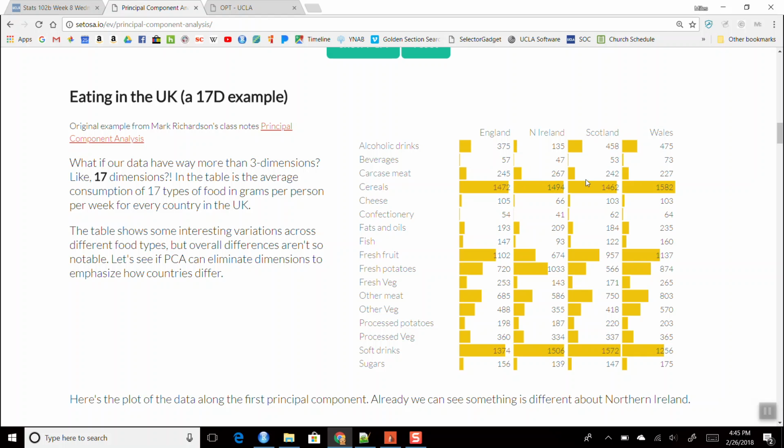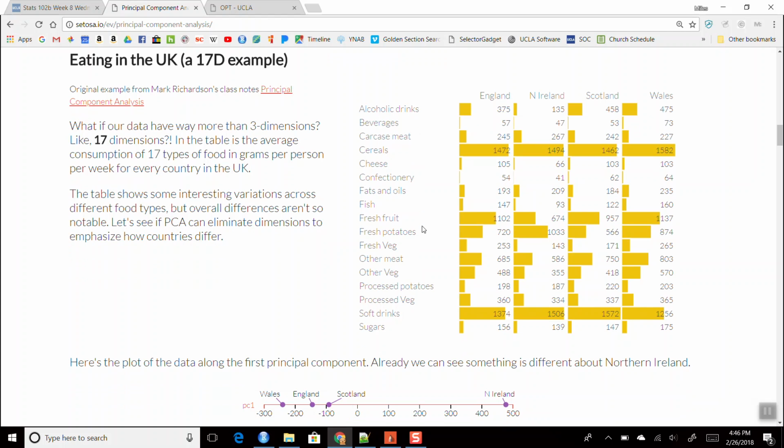We asked, how much of these things do you eat? And these are their responses for these 4 different countries. You're just like, okay, everybody eats lots of cereals, everybody eats lots of soft drinks. It looks like Northern Ireland consumes fewer alcoholic drinks than Scotland, Wales, and England, but that's what we have.